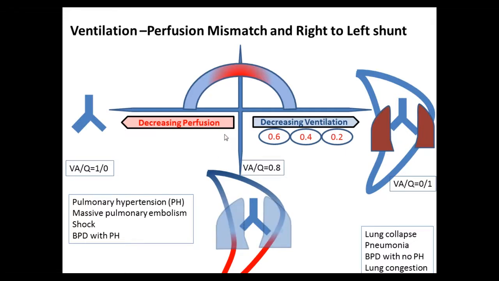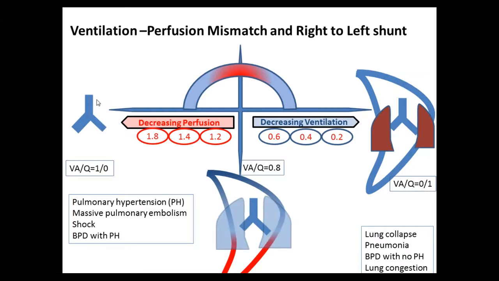On the other hand, if you have suboptimal perfusion or suboptimal blood supply, the ventilation will remain normal or close to normal, but the perfusion will be affected. Then the ratio will be increased more than 1, 1.2, 1.4, 1.8, and so on, until you reach at the end dead space.